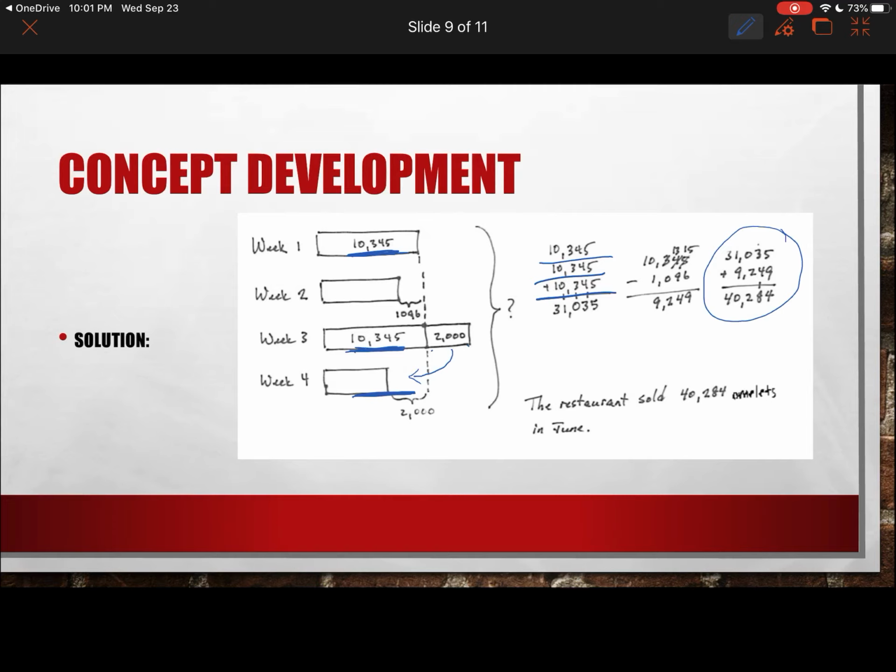So that's why they added those 3 together there. Then they took week 2. So this equation over here is week 2. Once they knew the total for week 2, they were able to just take these 2 numbers and add them together to find the final answer for all the omelets sold in June.